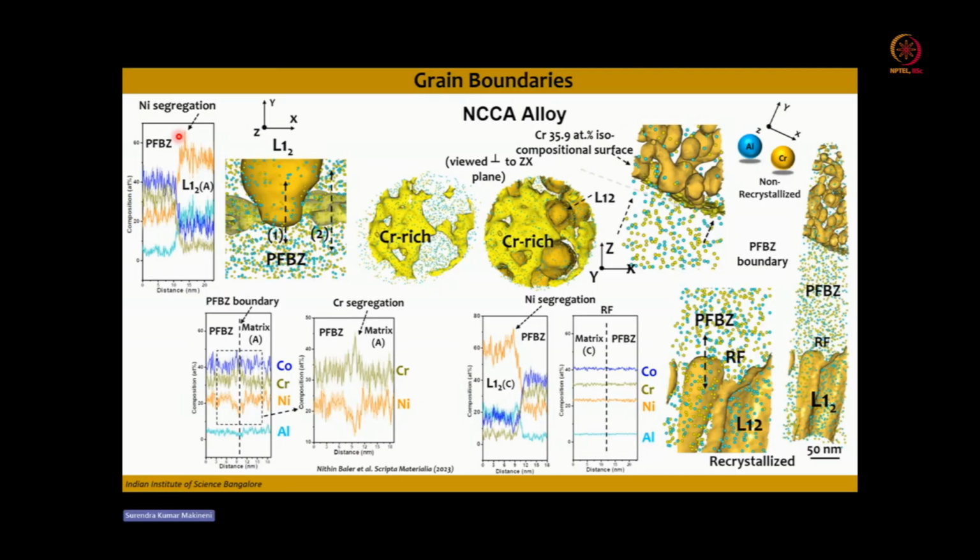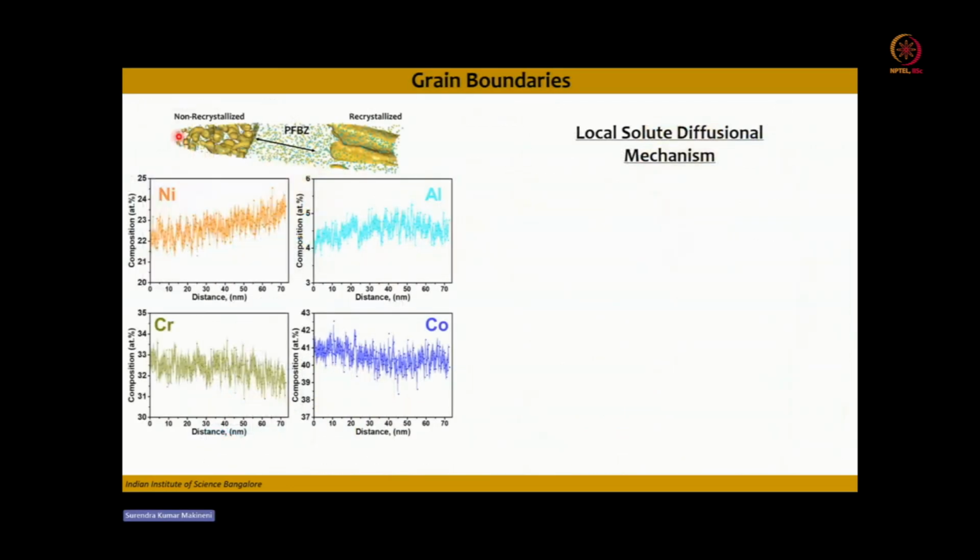Based on these composition profiles, he has also taken the composition profile perpendicular to the reaction front. You can see there is an increment in the nickel and there is a decrease in the chromium.